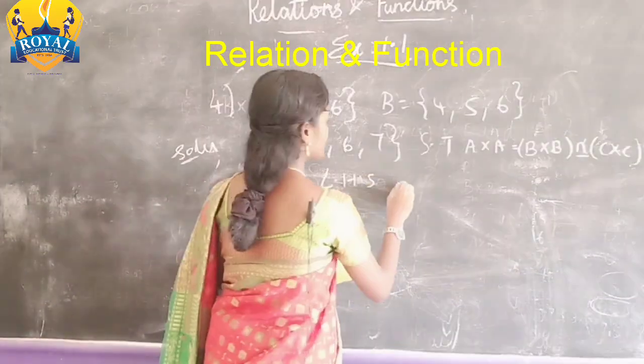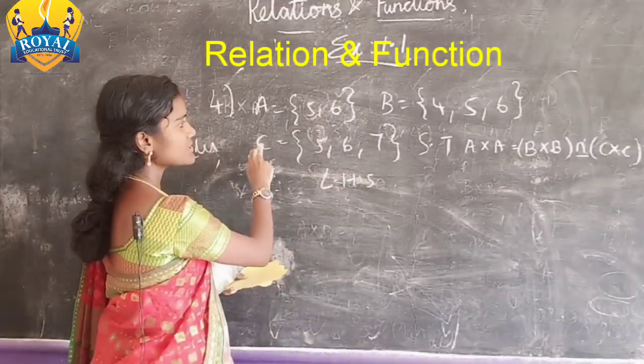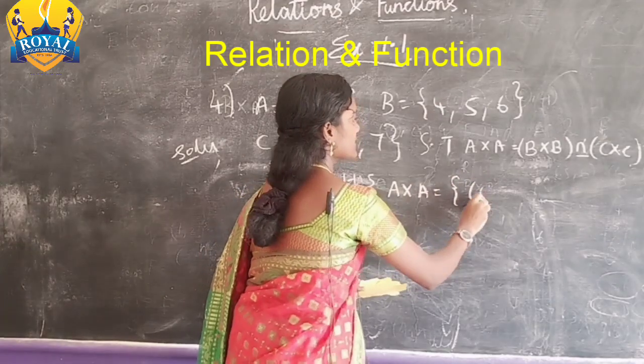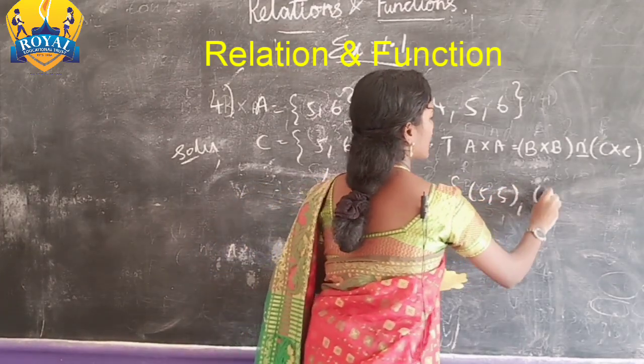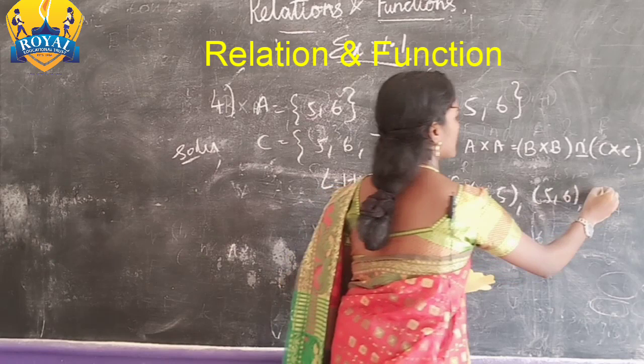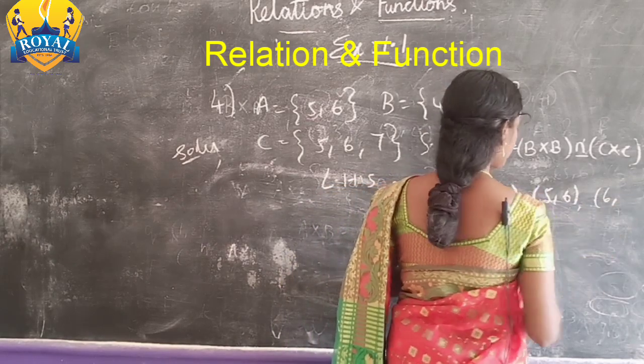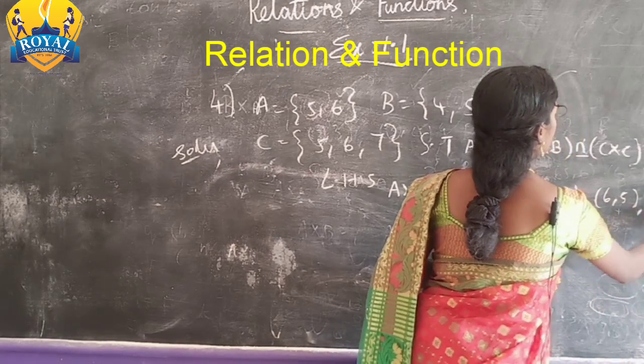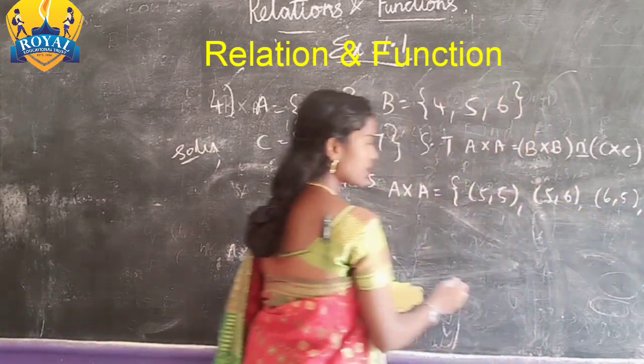Left hand side, the question is A cross A. The answer is 5 comma 5, 5 comma 6, 6 comma 5, 6 comma 6.